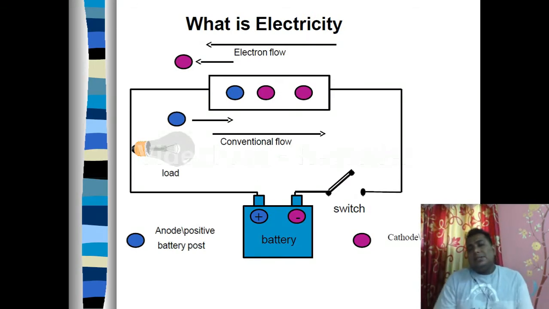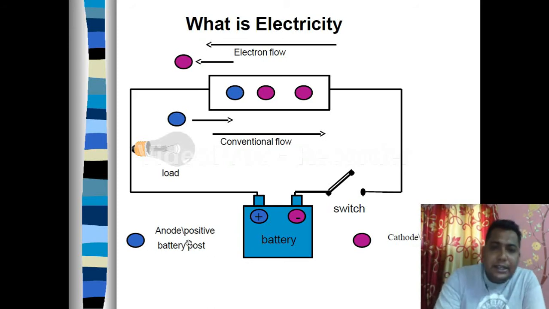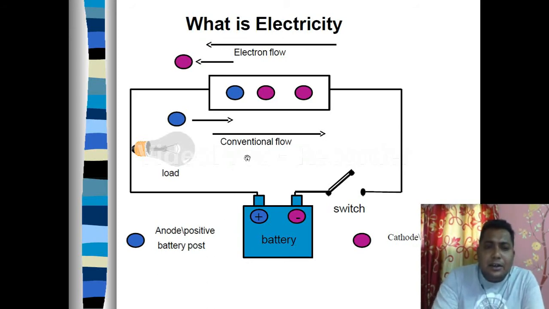Okay, so this is another interesting and well demonstrated diagram. Here we have 2 electrons and 1 photon, correct? And it is connected to some sort of supply, a battery we have used.